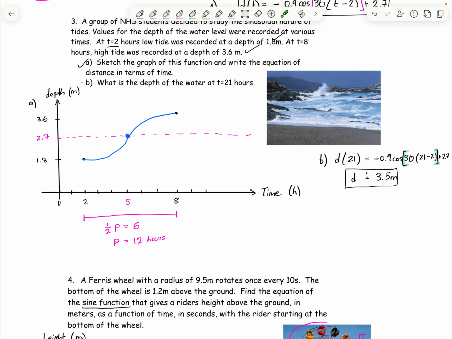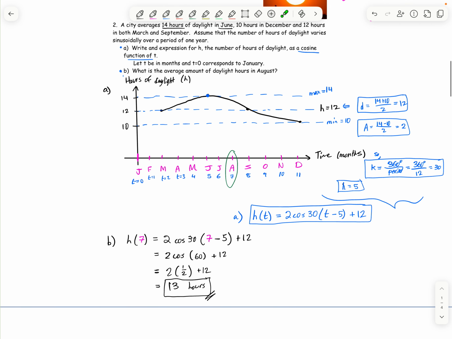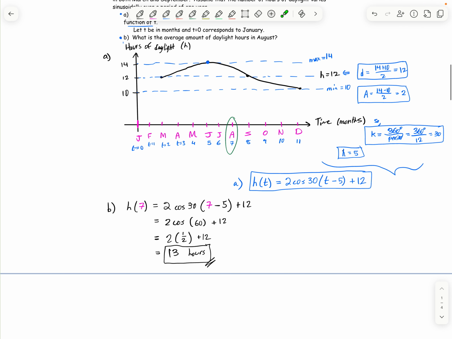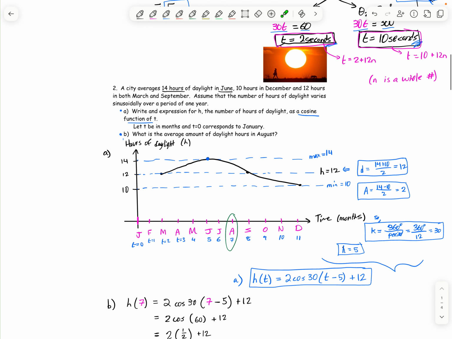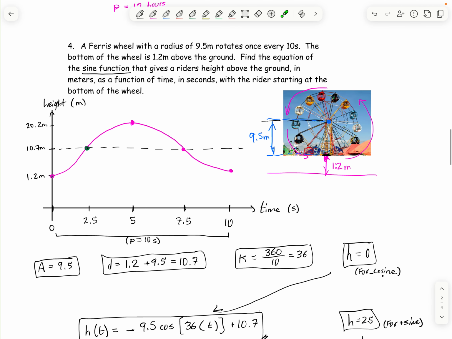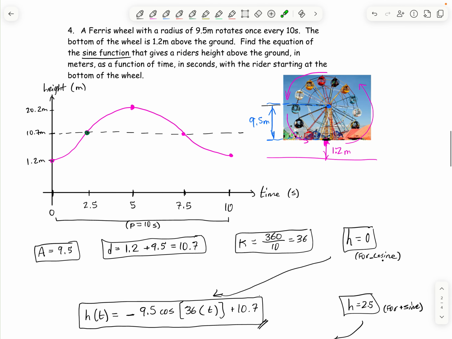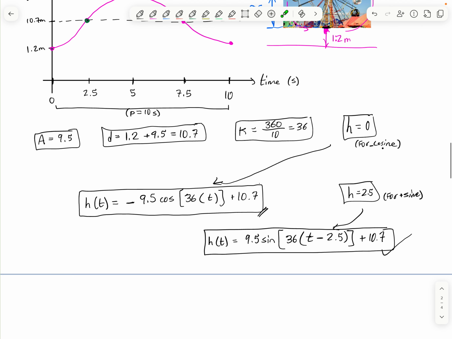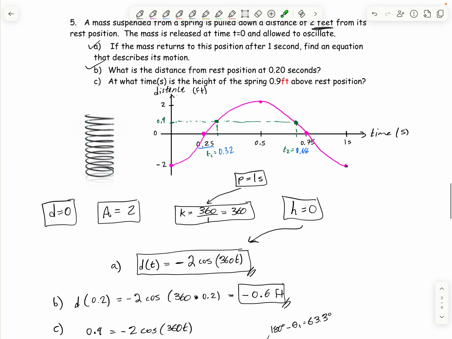If it starts on the midline going up, sine may be, honestly, sine's easier, as we did here. But here it needed to be a cosine. So here's a better example of sine: it starts at a midline, or if we want it to start at a midline, we shift it, and going up, it's a sine. So always remember to include units, and then think about whether your answer makes sense in the real world situation.